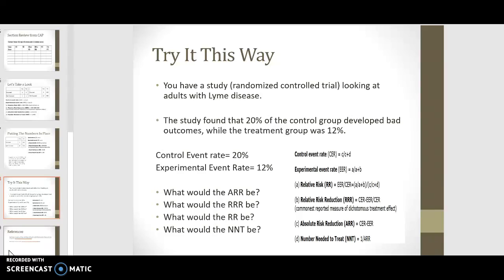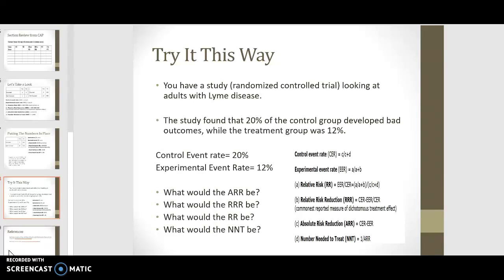Or another way to look at it is if we calculated the number needed to treat with that: if 8 adults out of 100 benefit from the treatment, then the number needed to treat for one person to benefit would be about 13, because the number needed to treat is 1 divided by absolute risk reduction.